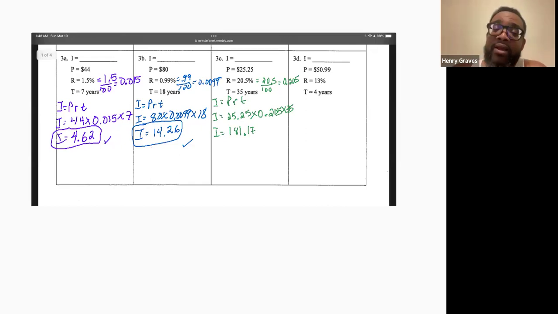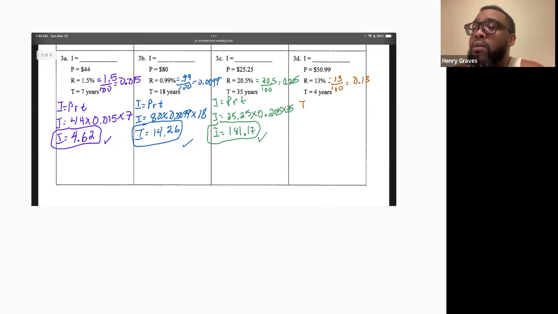All right, here's the last one. Then I can call it a day, right? Thankfully, it's just 13 over 100. It's going to be 0.13. I equals PRT. It's going to be $50.99 times 0.13 times 4.